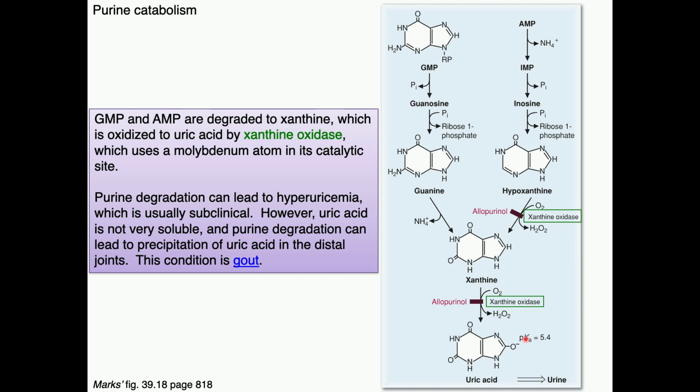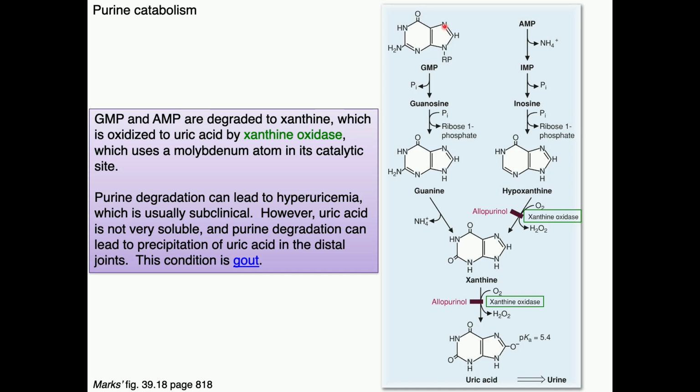However, we can break down nucleotides when we need to, and we can urinate out excess ones or the products. Now, we don't get energy from this. However, if we are breaking down cells and breaking down DNA, you need to get rid of them under some circumstances. So this is the way that we break down the purines.